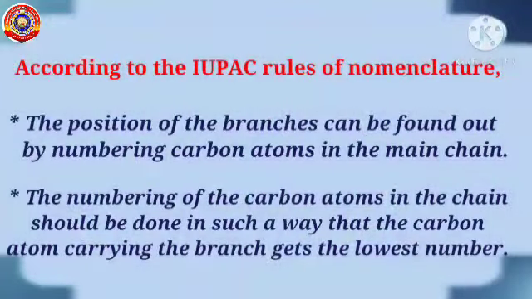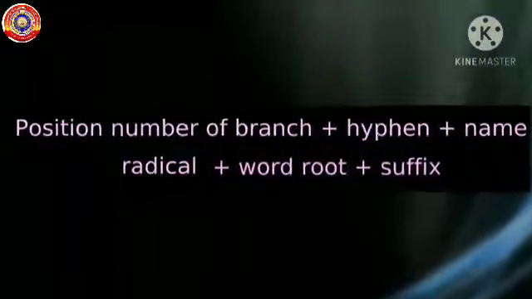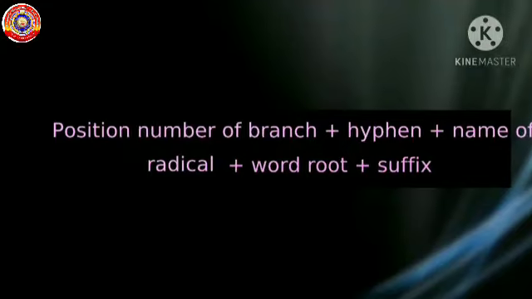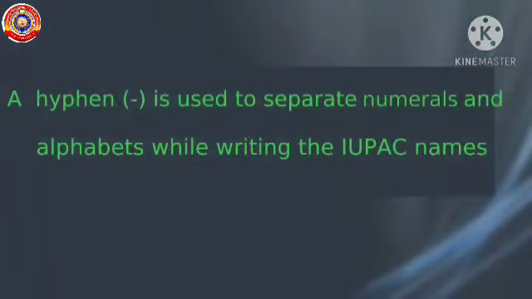Numbering should be done in such a way that the carbon atom carrying the branch gets the lowest number. The naming of a hydrocarbon with branches follows the pattern: position number of branch plus hyphen plus name of radical plus word root plus suffix. A hyphen is used to separate the numerals and alphabets while writing the IUPAC name.